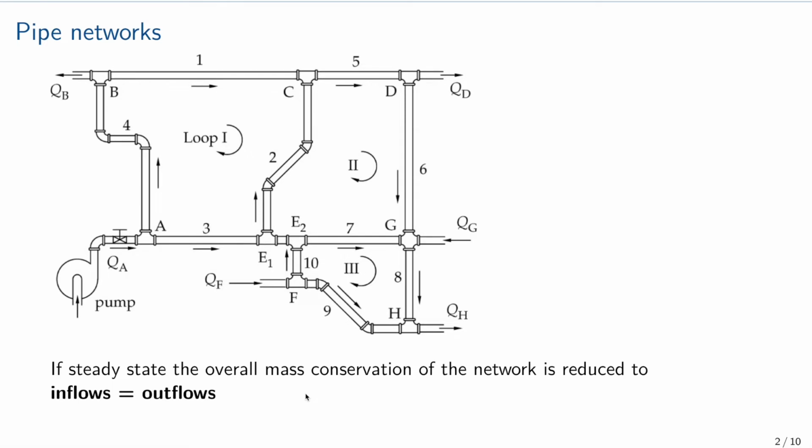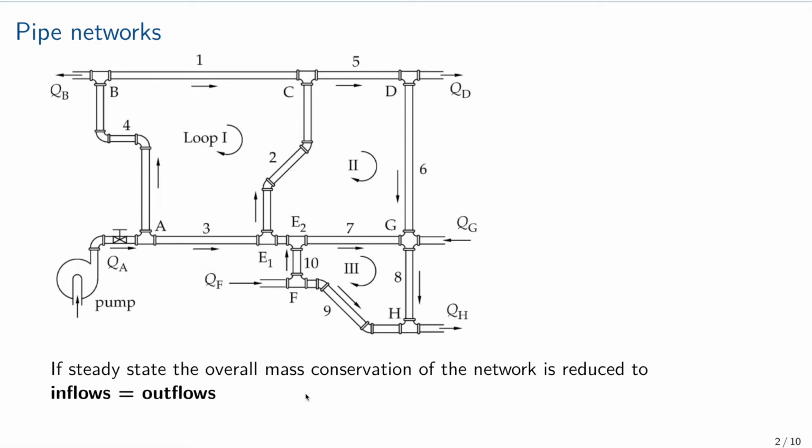So we can observe this is a network that consists of different pipes. So pipe 1, pipe 5, pipe 2. We can see that the network contains fittings like elbows, T's. It contains probably a pump, a valve, and additionally we are having inlets.